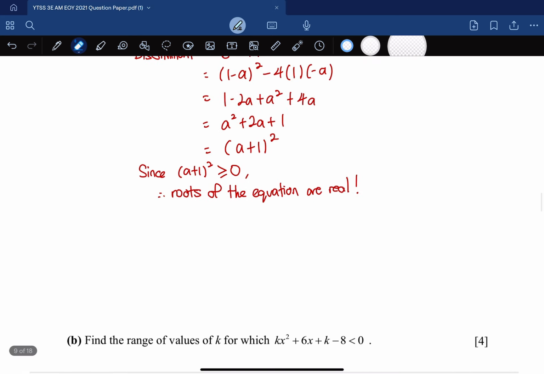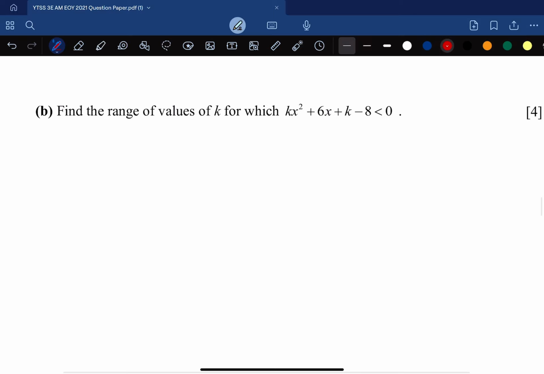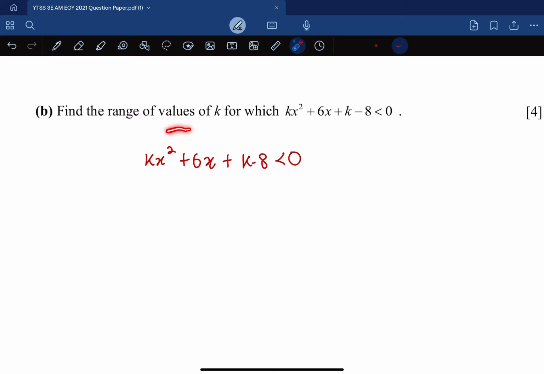Okay, let's look at 9b now. Find the range of values for this quadratic inequality. So for this quadratic inequality, I have kx squared plus 6x plus k minus 8 is less than 0. This is a curve.